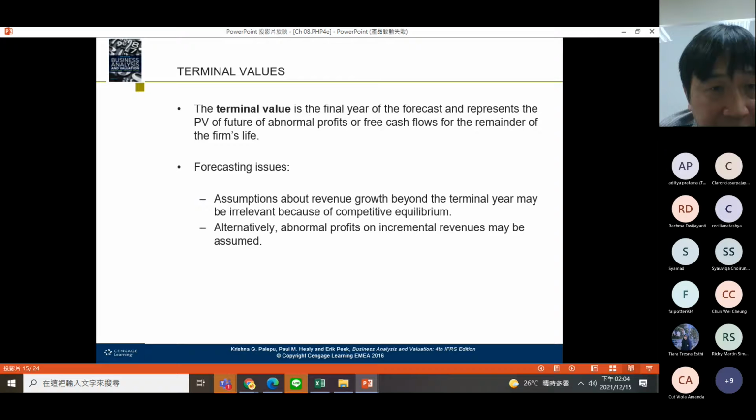So next, the terminal value. The terminal value is for the final year of the forecast, and represents the present value of future abnormal profit or free cash flows for the remainder of the firm's life. So the firm's life, how many years do you expect the company to be alive?